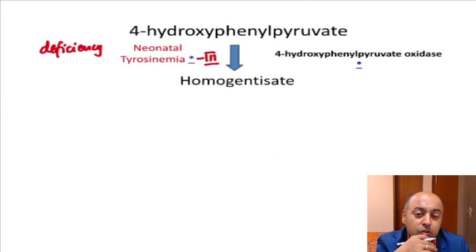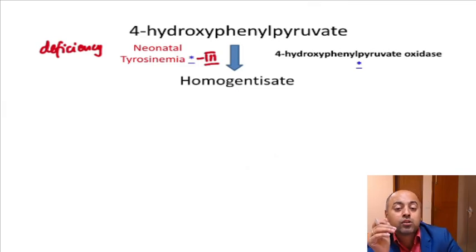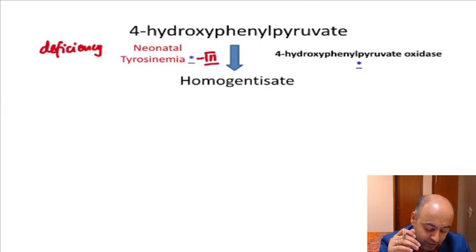In most patients there will be no symptoms, but in some cases you can get mental retardation, which is a feature of tyrosinemia. Most type 3 patients are asymptomatic, so we don't have any mental retardation. This is the neonatal tyrosinemia.